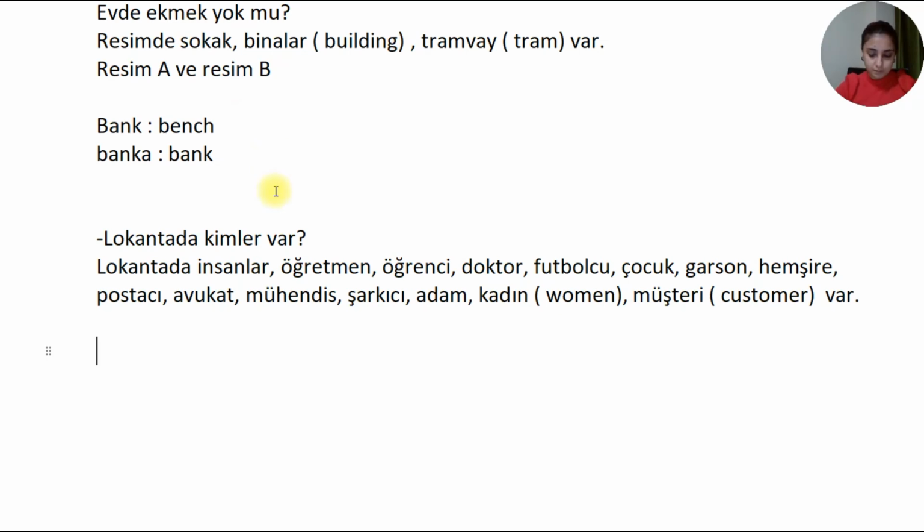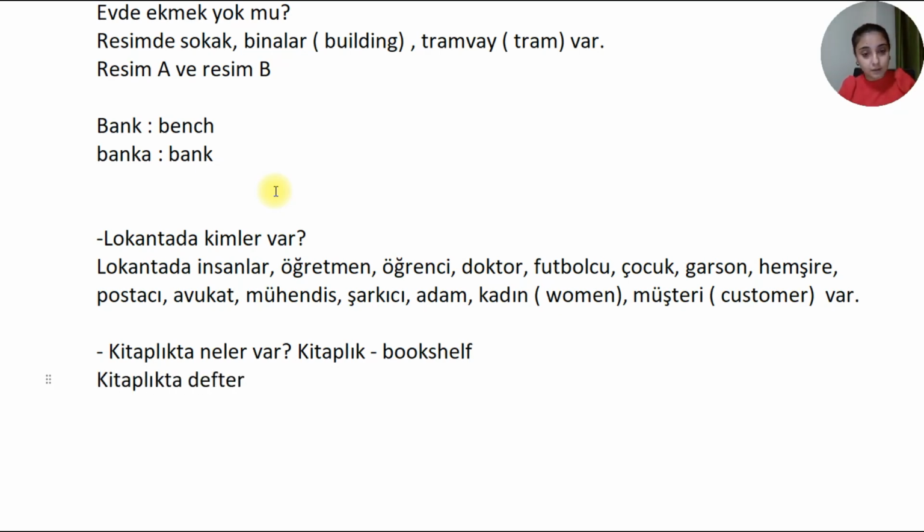Kitaplıkta neler var? Kitaplık is bookshelf. What are the things in the bookshelf? Let's say kitaplıkta defter, kitap, notebook, book, kalem, pencil, dosya, file, and what else? Let me check my bookshelf. Flower, çiçek, flower.